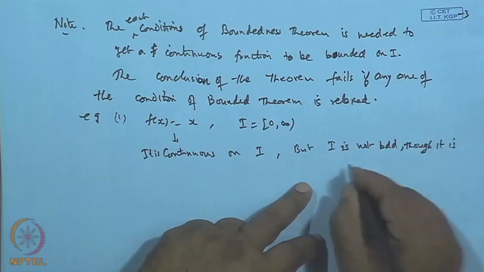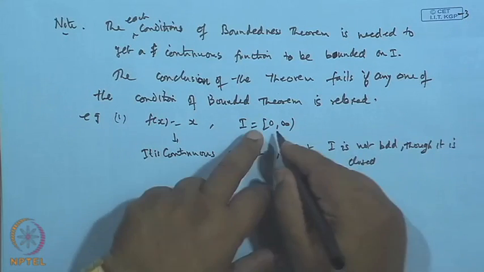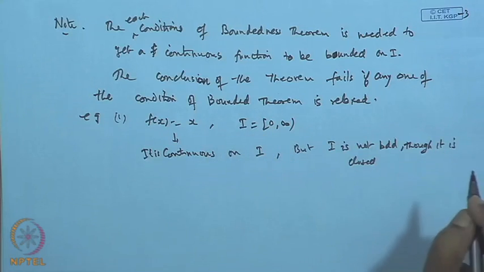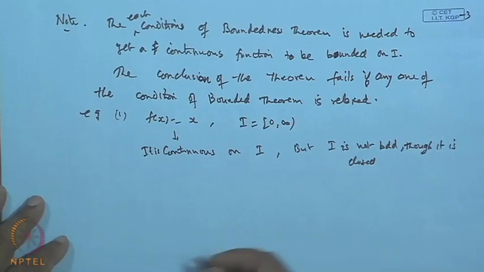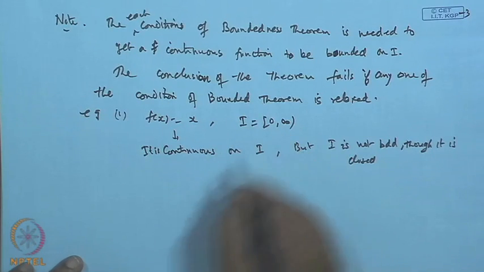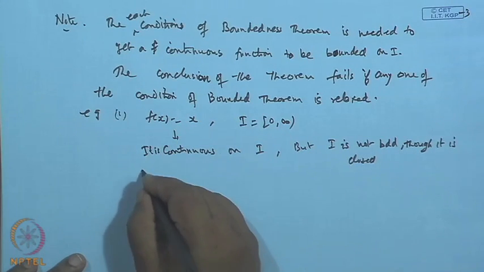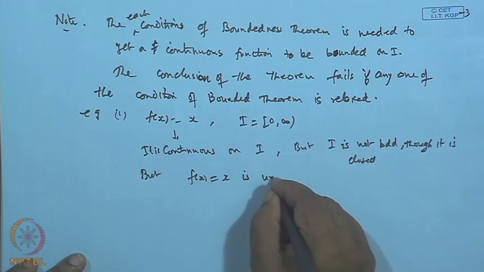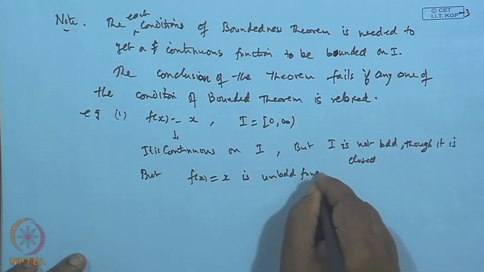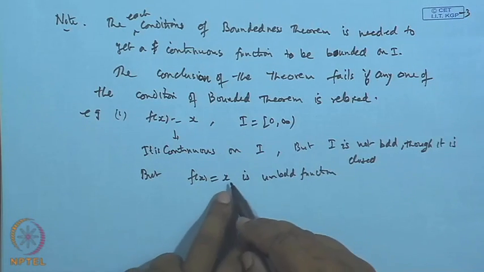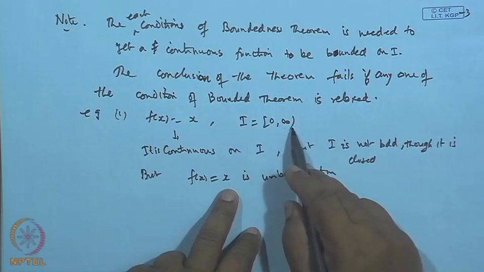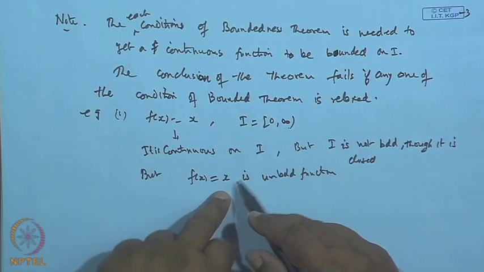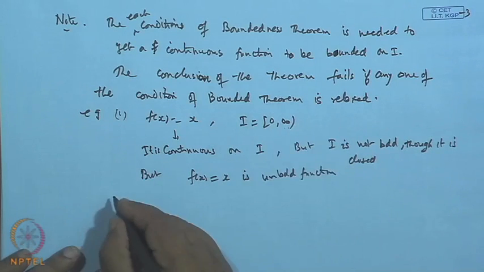Though it is closed, because all the limit points are inside it, I is a closed interval, but it is not bounded. The function is continuous throughout, but f(x) = x is an unbounded function, because as x increases, the value of f(x) keeps on increasing and the interval is up to infinity. So, it is without bound. So, it is unbounded, therefore, the conclusion fails.